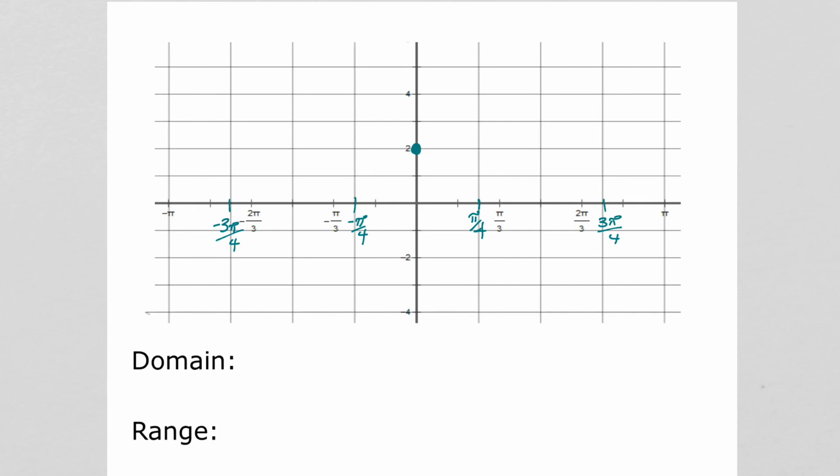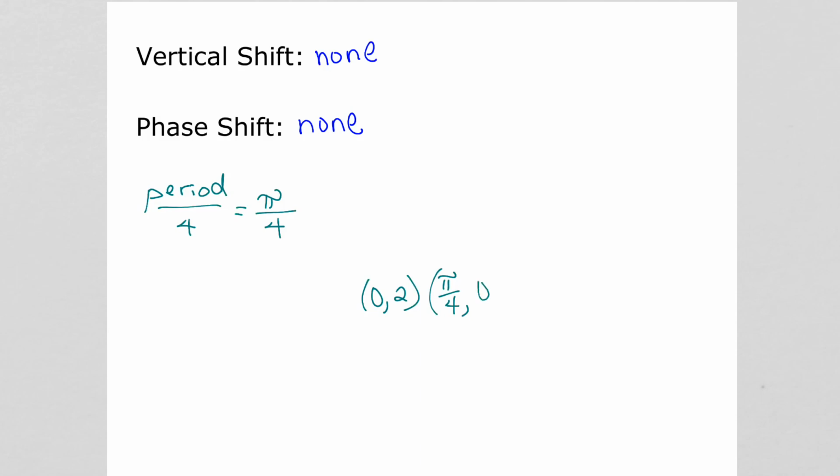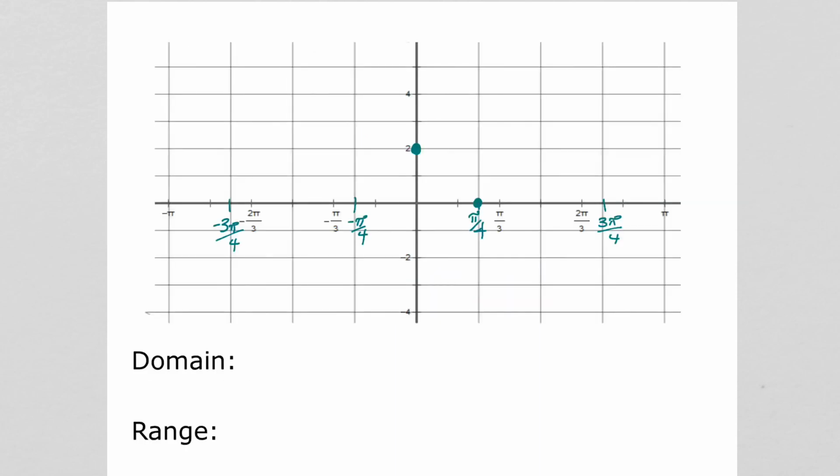Okay, so normally we'd be at pi over 4, 0. And since there's no vertical shift, then in fact that's where we are. Then we go another pi over 4 to the right. That takes us to pi over 2. And at pi over 2, we're going to go down because of the a to negative 2.